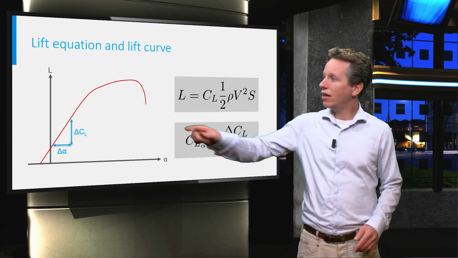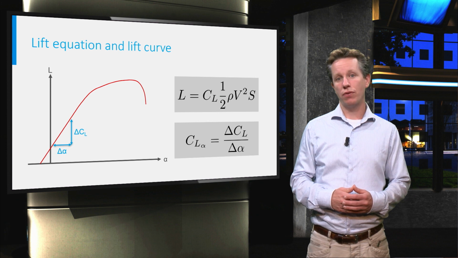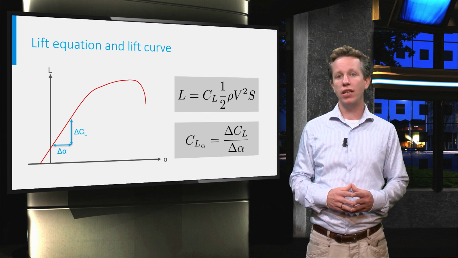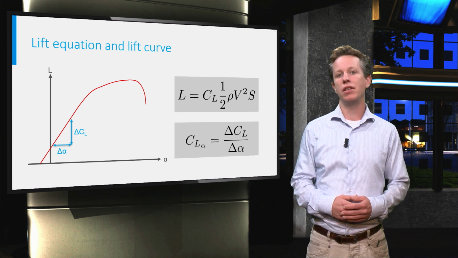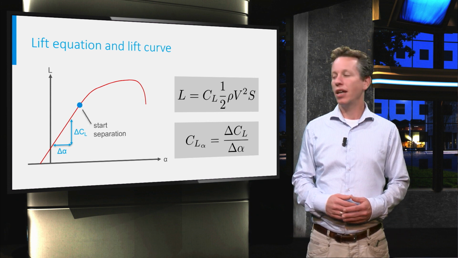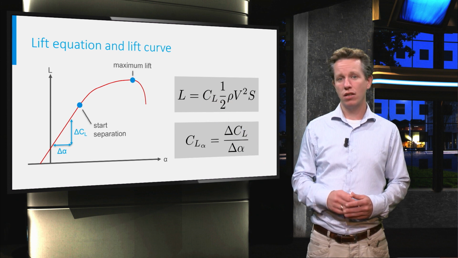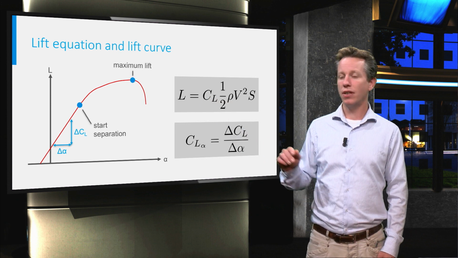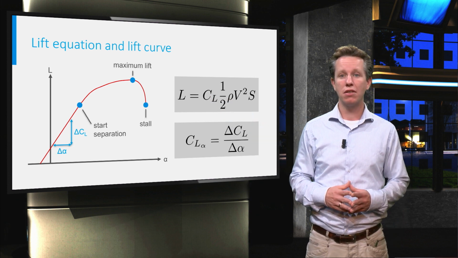There is an area of linear lift increase with angle of attack with a constant slope CL alpha. Normally, aircraft fly with a CL within this linear region. At a certain angle of attack, the flow starts to separate. Then we see a maximum lift at high angle of attack, beyond which the flow is completely separated.